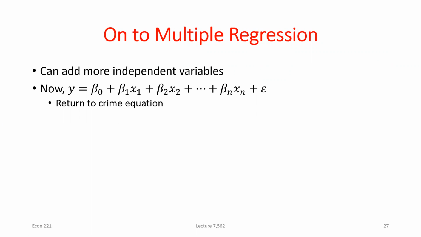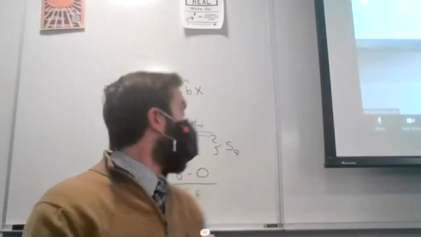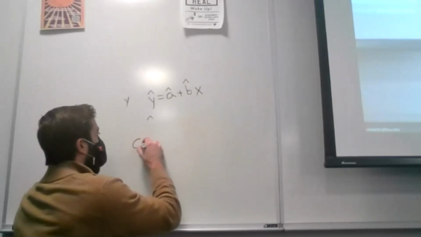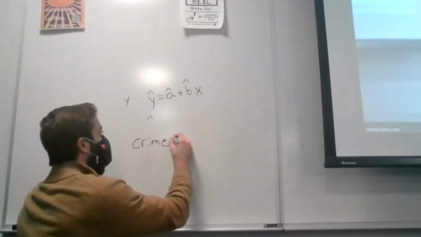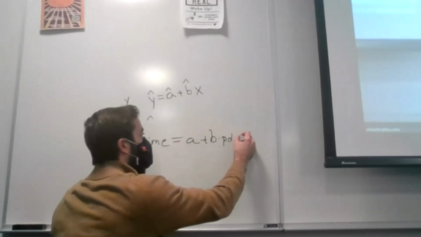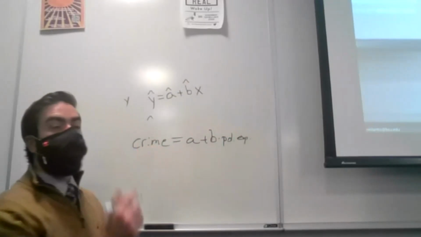And why might we want to do this? Well, we know that SATs are probably a pretty good predictor of GPA, but there are a lot of other things that might even be better predictors, right? So just to ignore them doesn't make a lot of sense. And actually, we can think about this example where our Y variable is crime rates, and we'll look at police force expenditures.